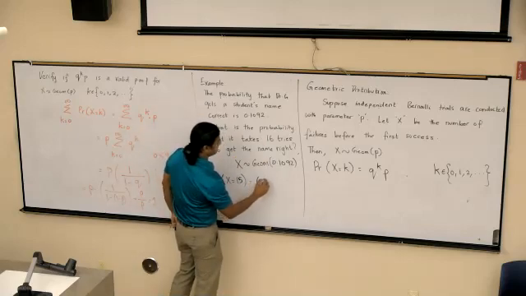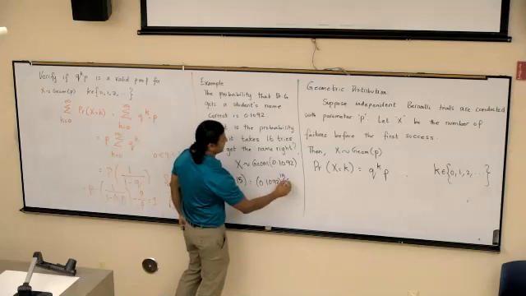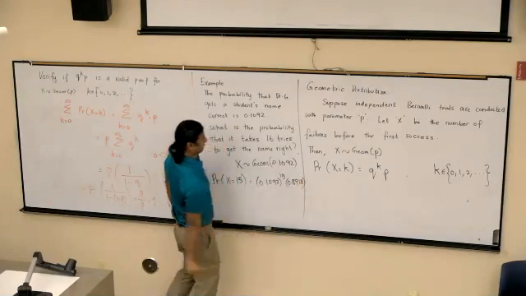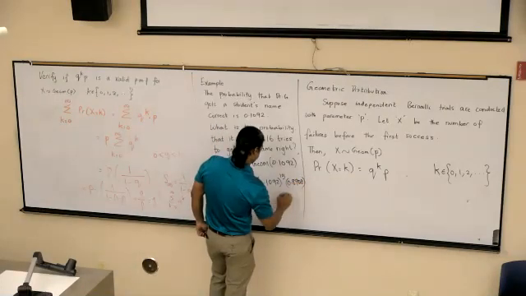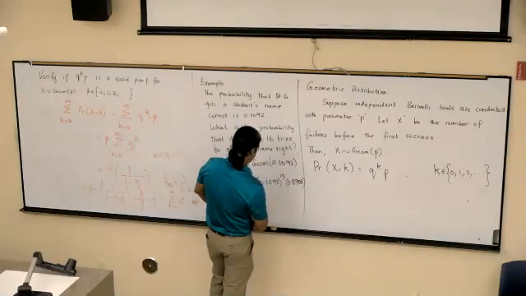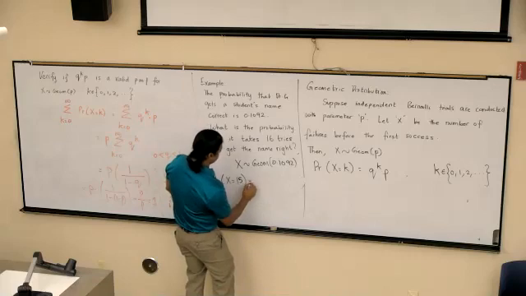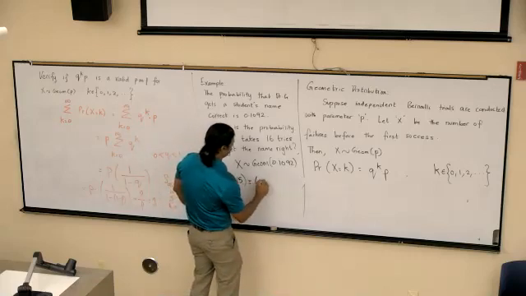So 0.1092 multiplied by 0.8908 raised to 15. The 15 goes with the 0.8908. The 0.1092 is just that, no power.